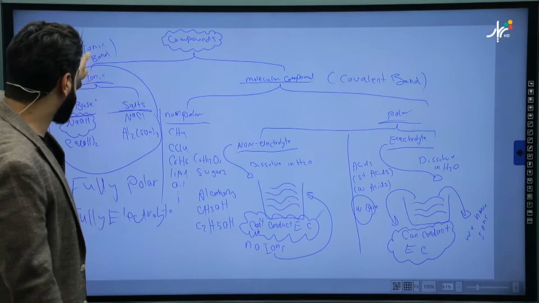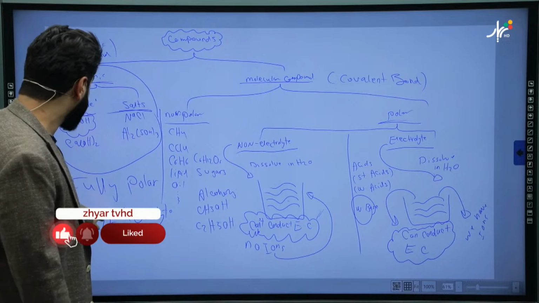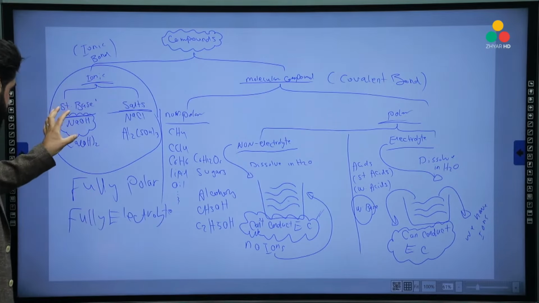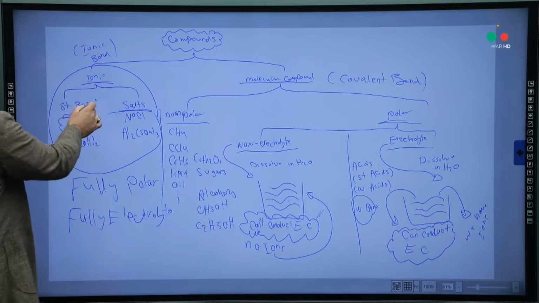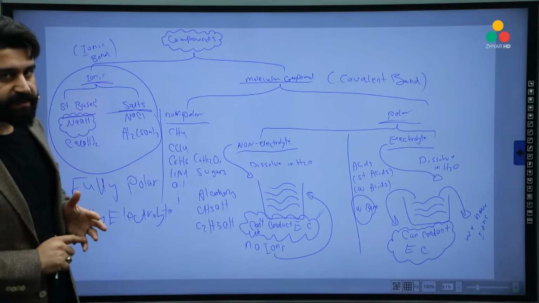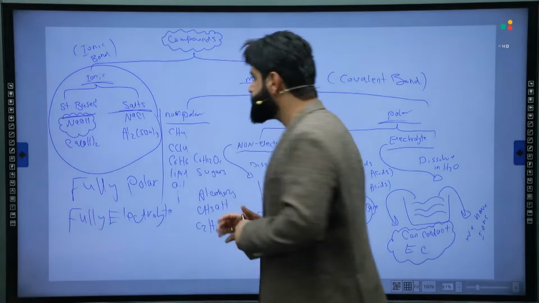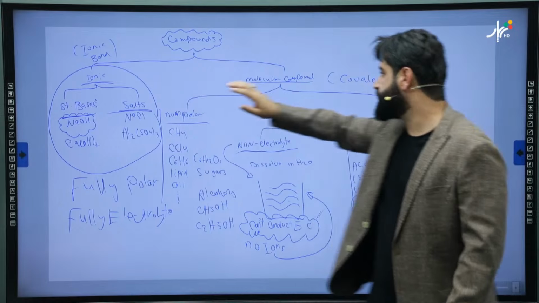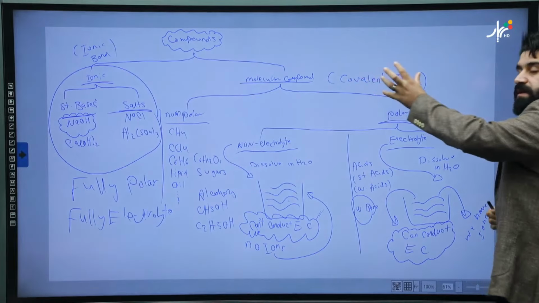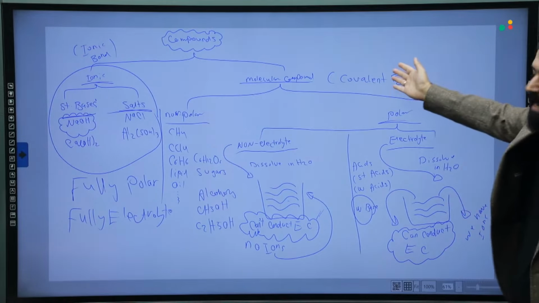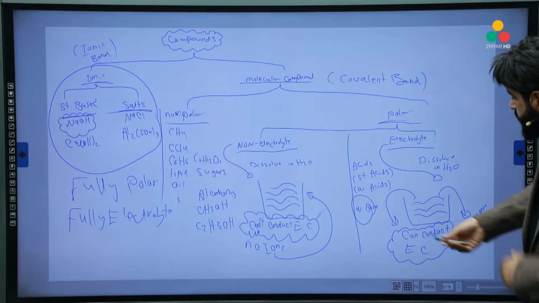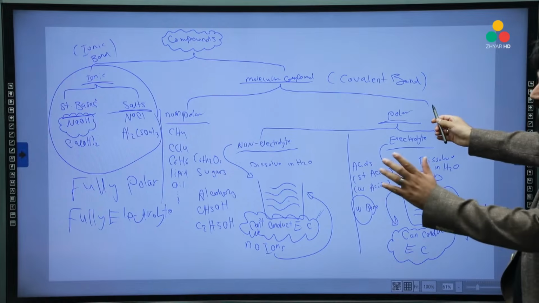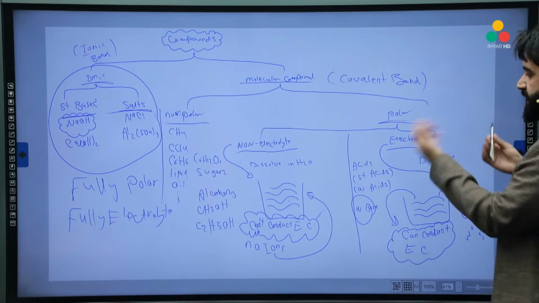Ionic compounds are fully polar and fully electrolytes, such as strong bases and salts. We separate them because they have ionic bonds, while here they have covalent bonds. That's why for molecular compounds we have polar and non-polar; for polar we have electrolyte and non-electrolyte.